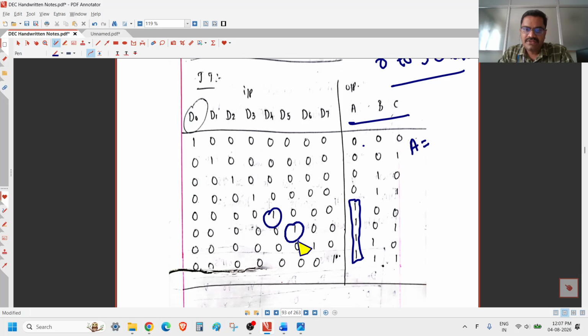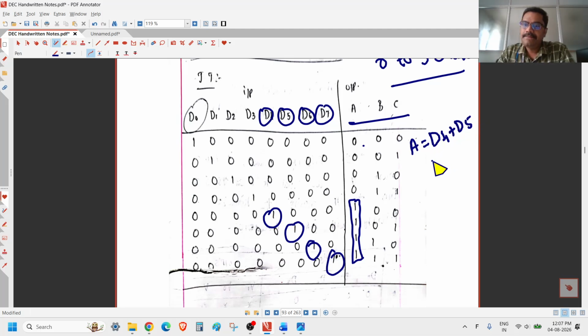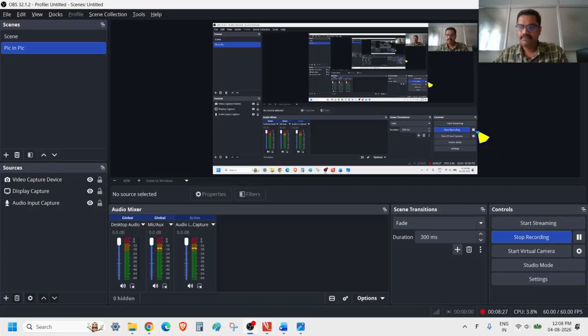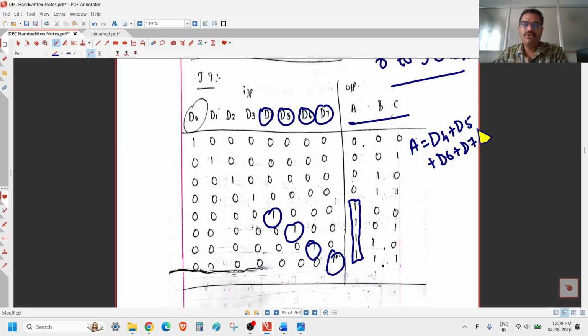This one is responsible for this, and this one is responsible for this, and so on. So it is the combination of d4, d5, d6 and d7. So a is equal to d4 plus d5 plus d6 plus d7. This is how we have to calculate the a value, right?